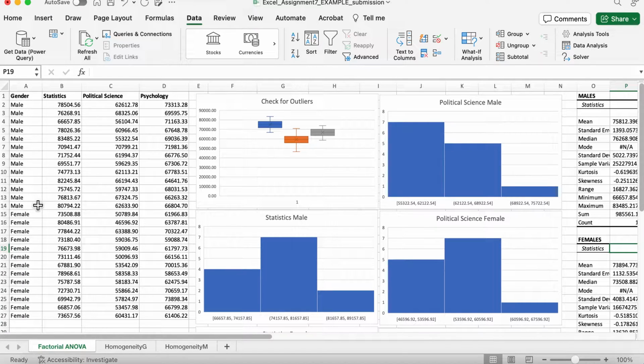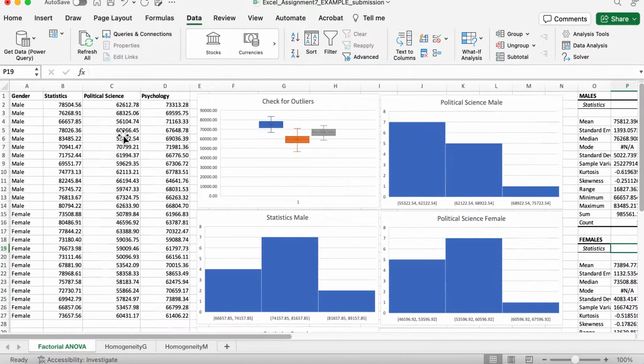So we're looking at gender as one. It's a categorical variable, and we have major as another grouping variable: statistics, political science, and psychology. We are predicting our dependent variable, which is salary, starting salary.